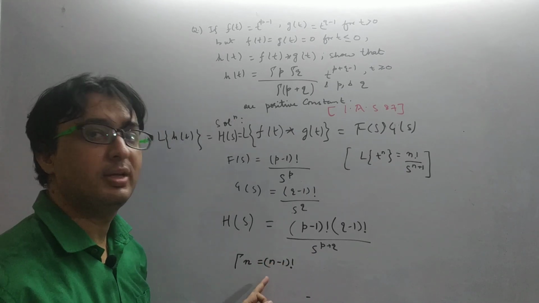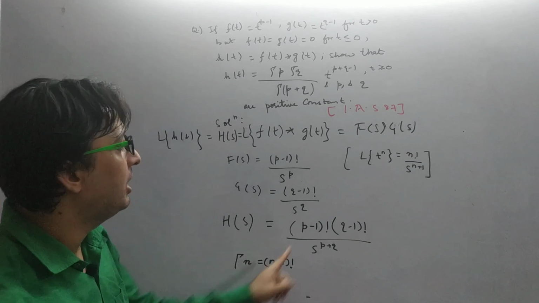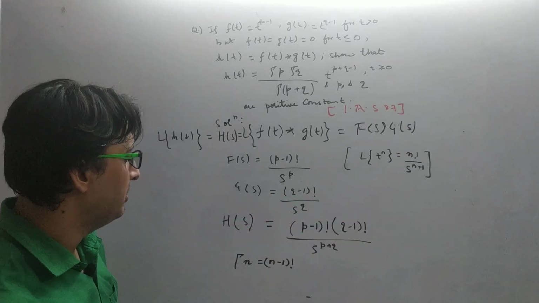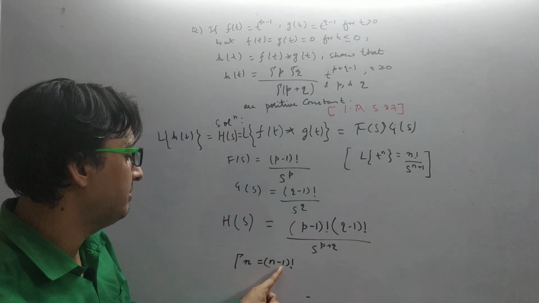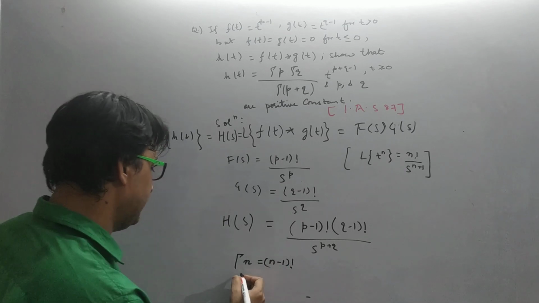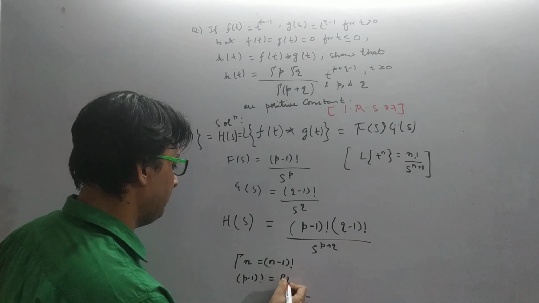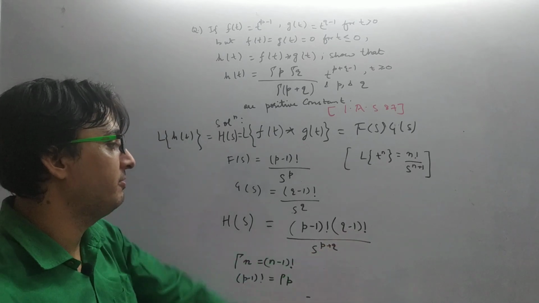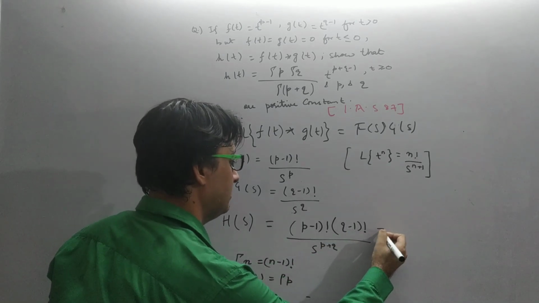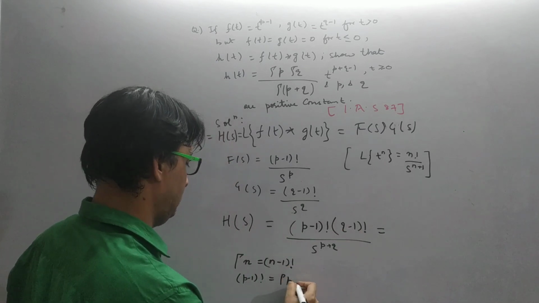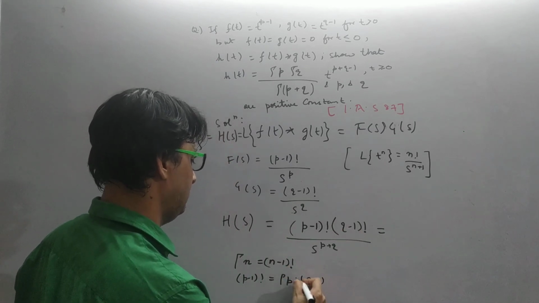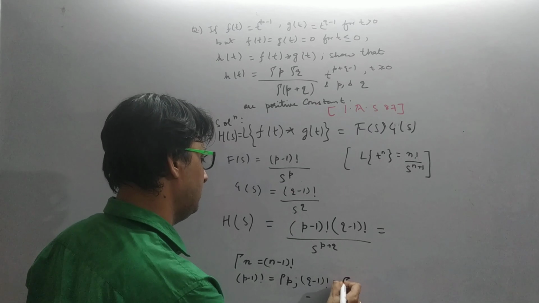This is the one that we are going to use, this formula and this formula. So when we say gamma n is equal to n minus 1 factorial, we can say p minus 1 factorial is equal to gamma p. Similarly, q minus 1 factorial can be written as gamma q.